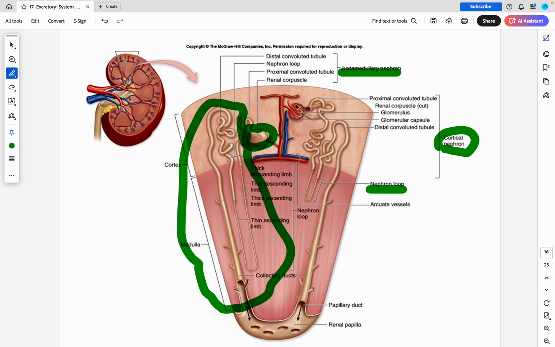It has two major portals, an entry and an exit. There is an afferent blood vessel, this one I'm highlighting, which allows the entry of blood towards the glomerular capsule, and an efferent vessel, this other one here.